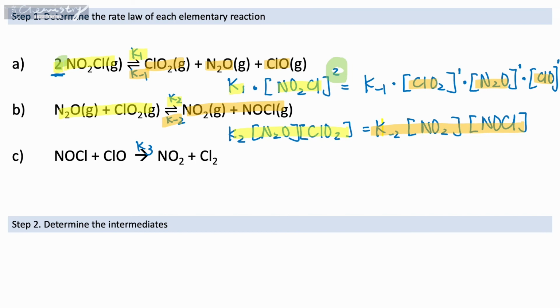And the last one, we're going to do the same thing, K3, NOCl and ClO. Again, the reason why we can use the power as the coefficient of the balanced chemical reaction is because right now we're setting the left side equal to the right side. So basically the rates in this case are relative to each other, and that's why we can use the coefficient.